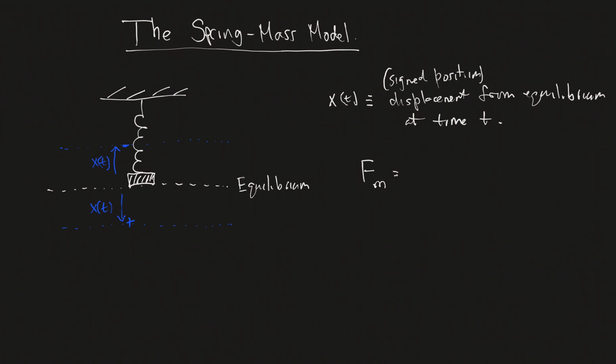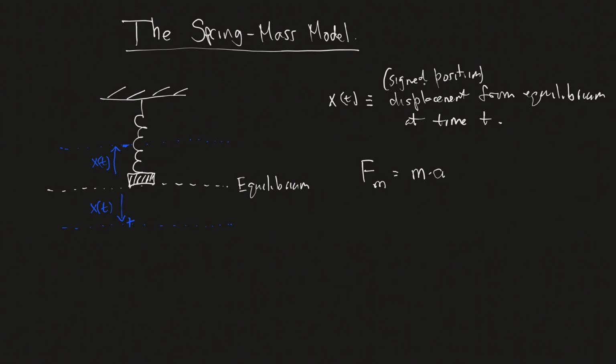Well, from classical Newtonian physics, we know that force is equal to the mass of the object times its acceleration, right? Well, again, since x of t is an unknown function, we would like to write down all our forces in terms of this unknown function. That way we can put them all together and maybe come up with a nice equation.